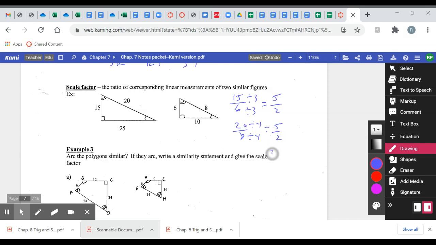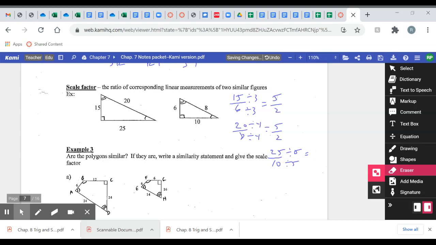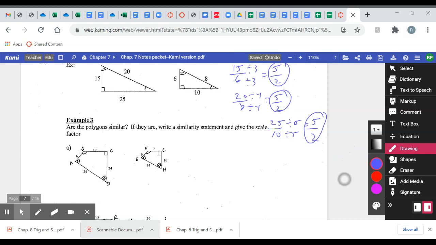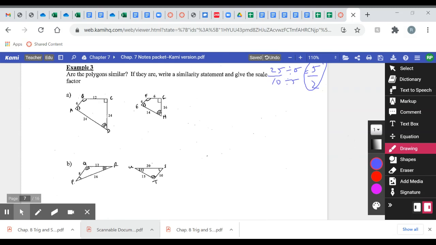And then I can say 25 over 10, which also reduces down to 5/2. And so again, the corresponding angles are congruent. I can see that in the picture. Corresponding sides are proportional. They have the same scale factor or ratio. So yes, those two figures would be similar.